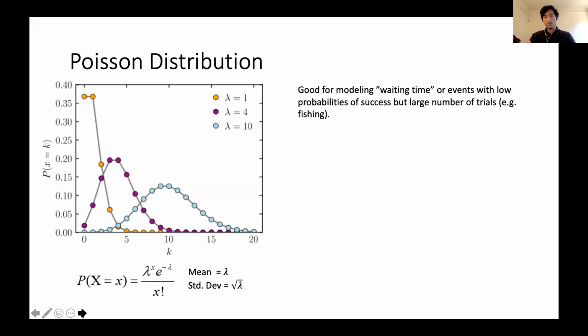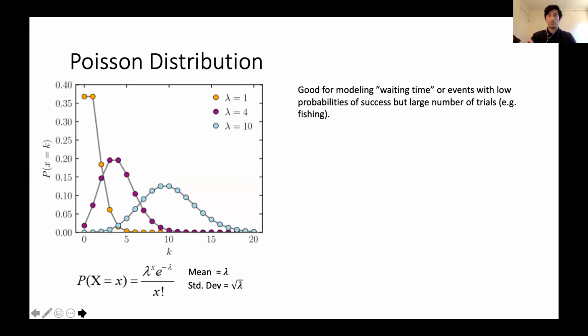The way that we come up with a Poisson distribution is, let's say we take lots and lots of trials. So instead of tossing 100 coins, let's toss 1,000,000 coins, for example. But also the probability of success becomes smaller and smaller. This is why the Poisson distribution is modeled for things such as fishing, because if you've gone fishing, you know that you have to wait a really long time before you catch any fish.